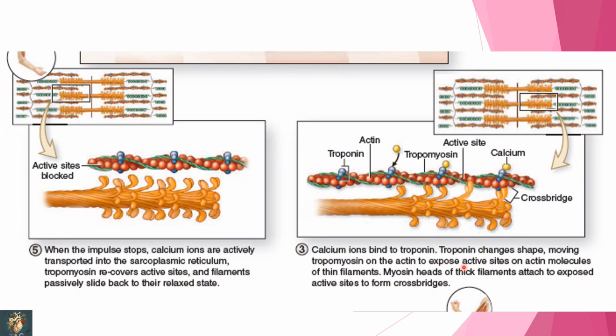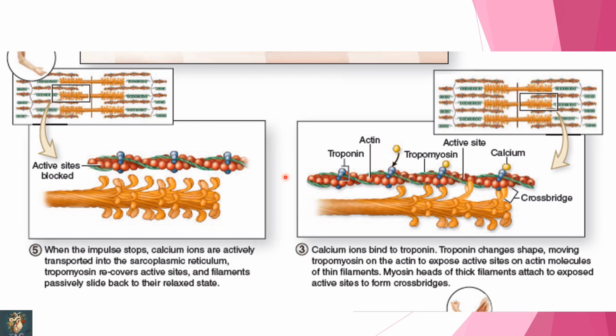As a result, the active sites on the actin molecule which were blocked by the tropomyosin are now exposed, and because of this exposure, the myosin now makes cross bridges with the active sites on the actin molecules.